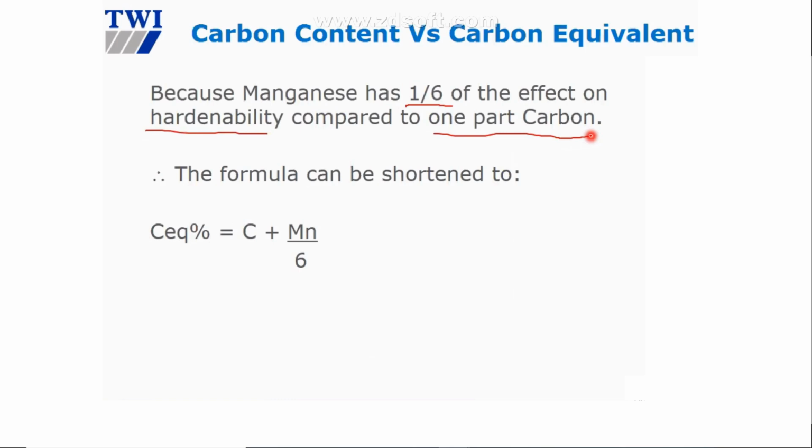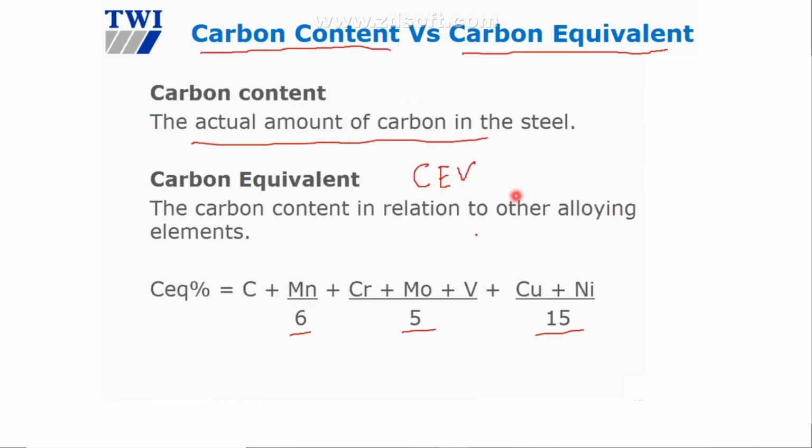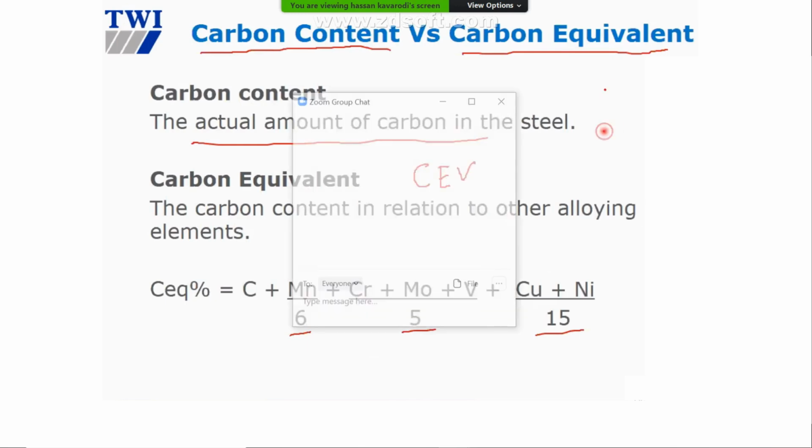Do you need to memorize this formula? As far as I know, in your exam they didn't ask you about the carbon equivalent formula, but they may ask what the effects are of having high carbon content, or of having carbon equivalent too high. All those answers will be increasing hardness.